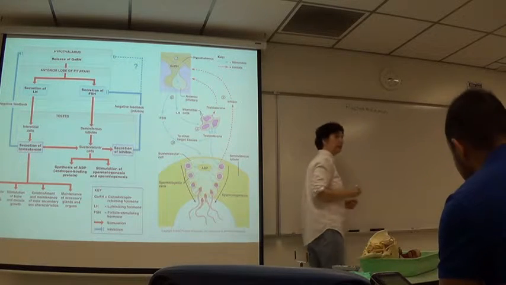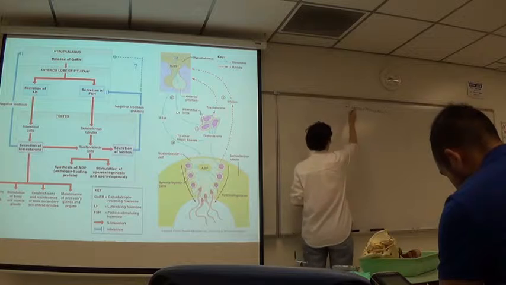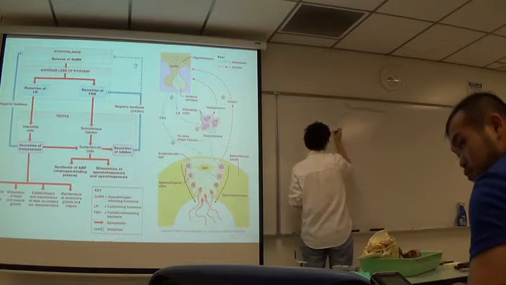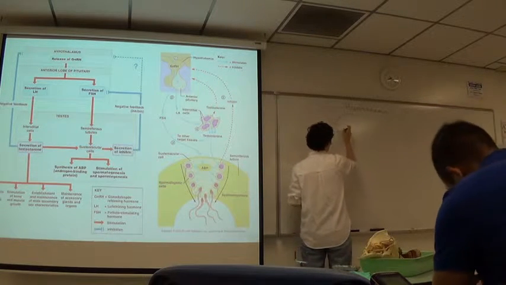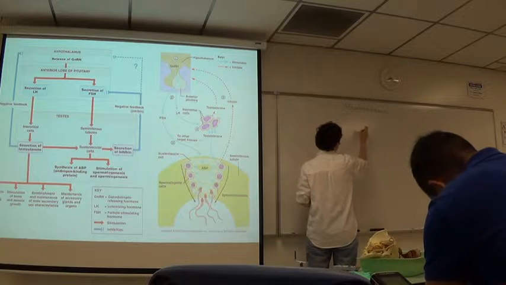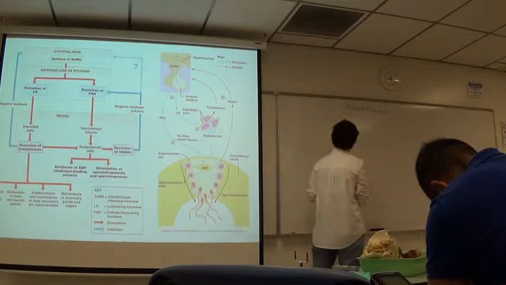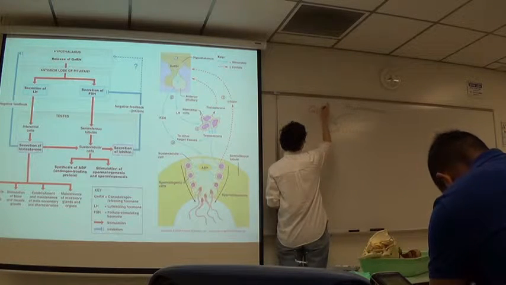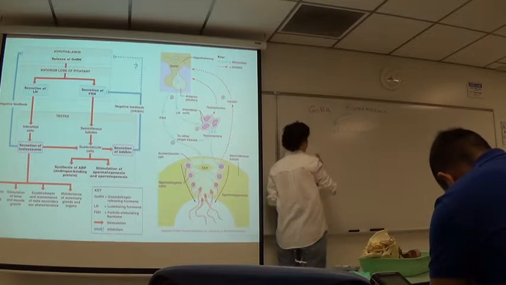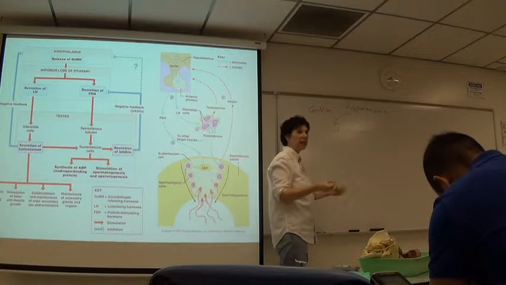So we have the hypothalamus. It is going to send GnRH, which is releasing hormones.